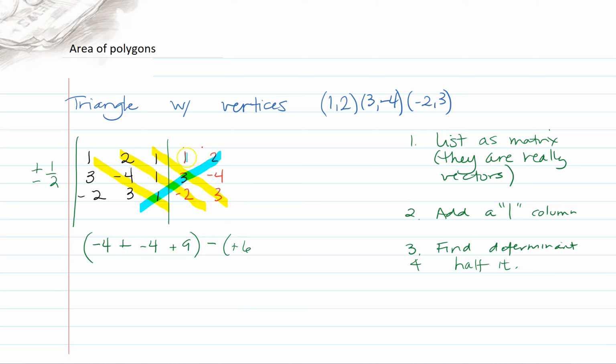So minus 6, plus 3, plus 8, because that's a negative 2, negative 4 plus 8. Okay, so 4 plus negative 4 is negative 8, plus 9 is 1, minus 9 and 8 is 17, so I get negative 16. I need half of that, and so the area is 8 square units.